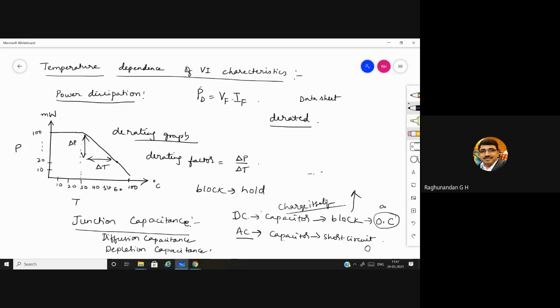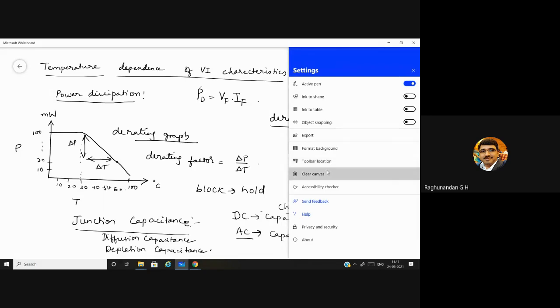The diffusion capacitance is exhibited by the diode under forward bias condition. The depletion capacitance is exhibited by the diode under reverse bias condition. So we'll discuss these junction capacitances in the next class. Stop it here.